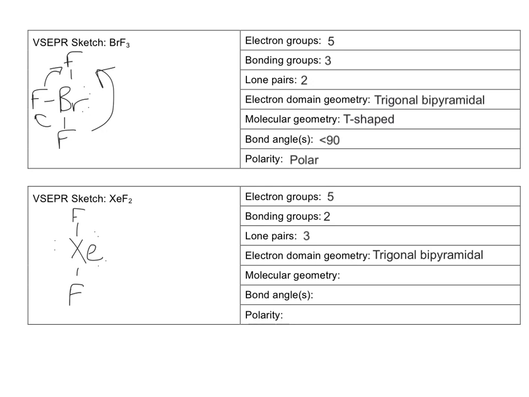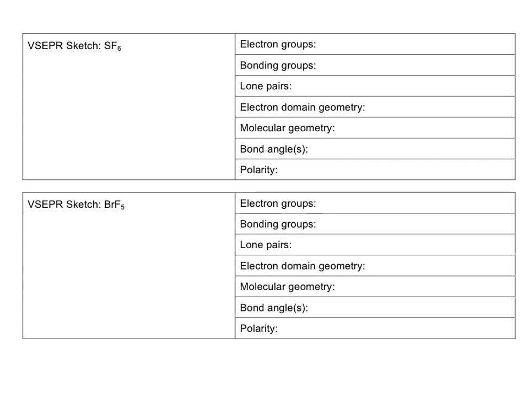The molecular geometry in this case, since we can't see any of these lone pairs, is just going to be linear, and the bond angle is going to be 180 degrees. Since the 2 fluorines are the same and they're pulling in opposite directions, the polarity of this one is nonpolar.